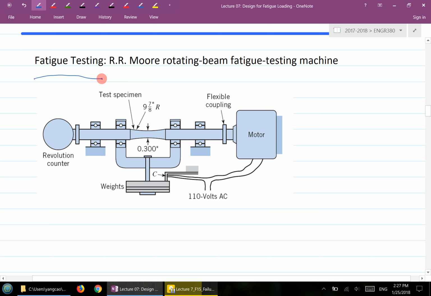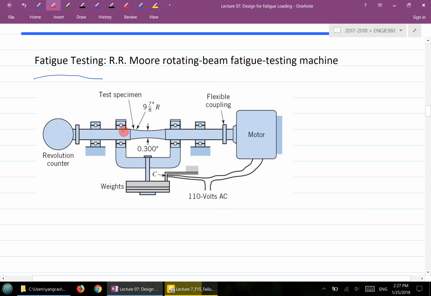You have a motor attached to a shaft, and in the middle there is a place to attach a test specimen. This specimen is made of a certain material and machined with a very standard surface finish and a standard diameter in the middle. That's why they call it a test specimen.